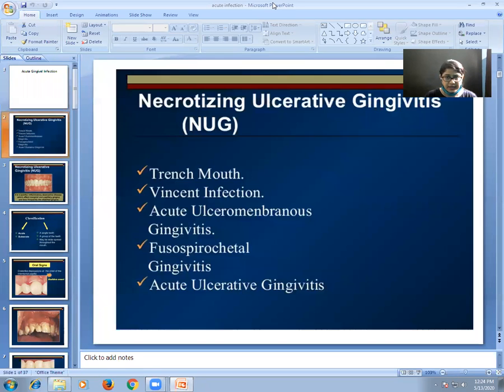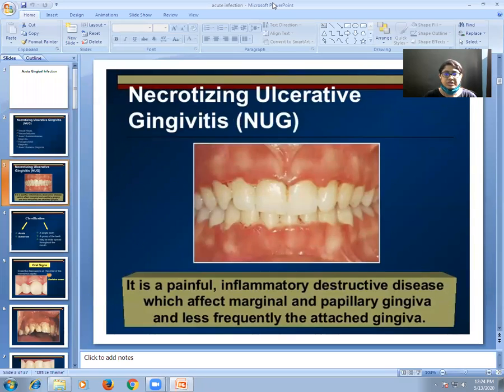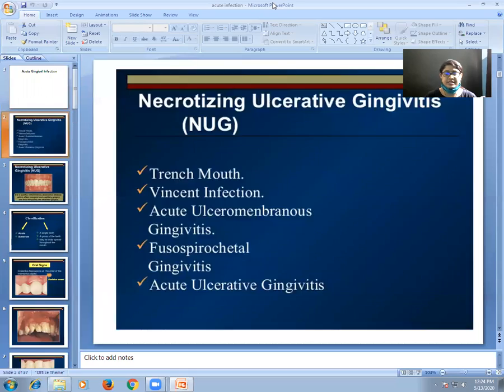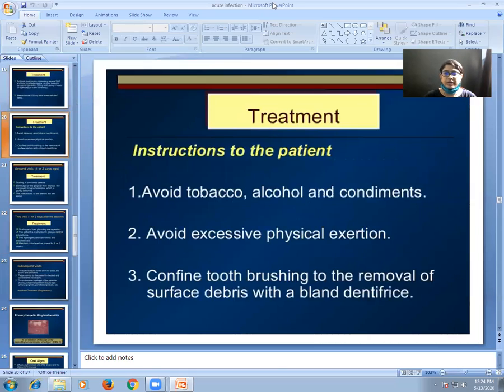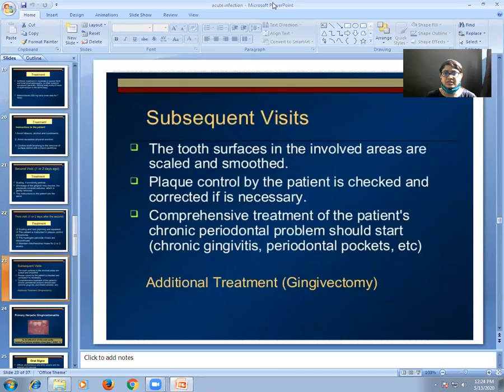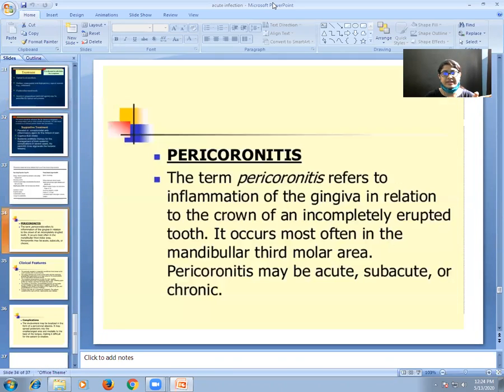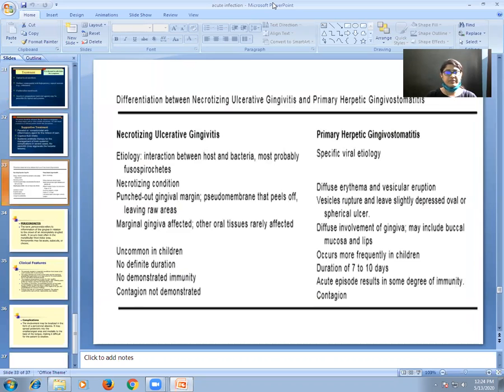First is acute necrotizing ulcerative gingivitis, and second is primary herpetic gingival stomatitis. Acute necrotizing ulcerative gingivitis is caused by bacterial infection, and primary herpetic gingivitis is a viral infection.